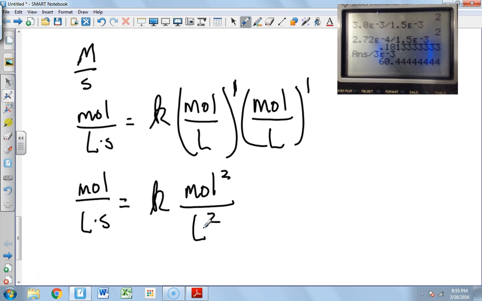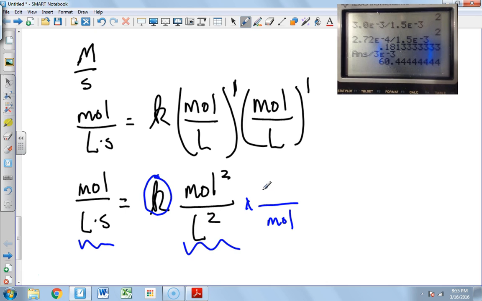In order to get this side to look like this side, we have to come up with units of K that cancel and add the units to make it look like this. We have 2 moles on this side, so we want to get rid of 1 mole here. So one of the moles will cancel, leaving 1 mole. Now that looks like this side.